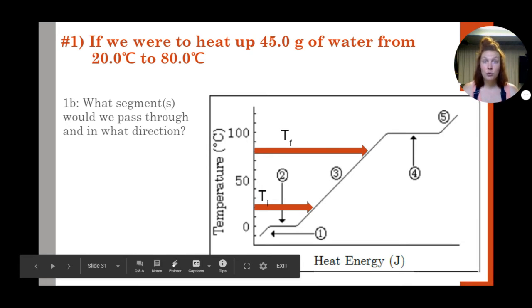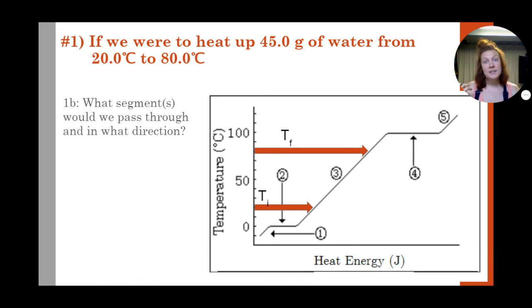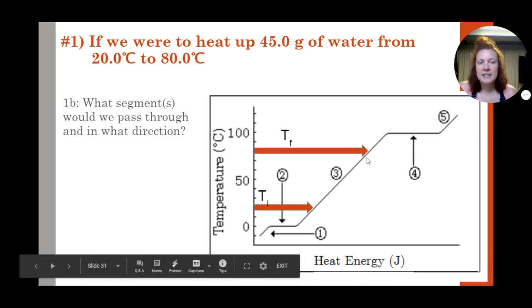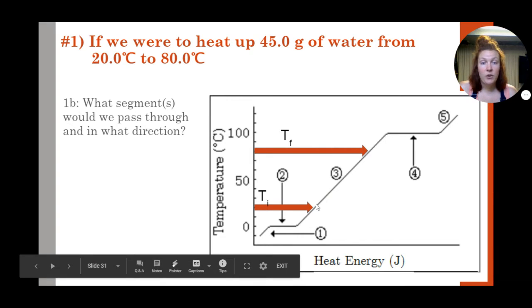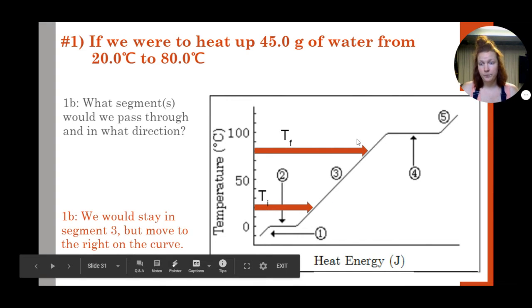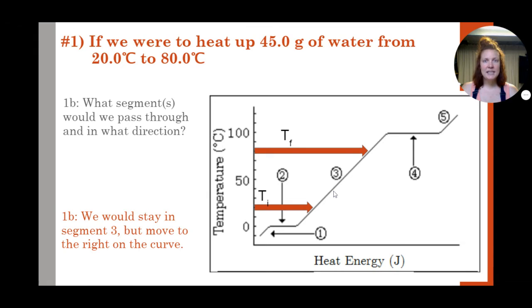However, I find it extremely helpful to physically draw something on a generic phase diagram or a heat curve so that I know exactly what segments I'm traveling through and what direction I'm traveling in. So this is my T initial, this is my T final. I'm only going through segment 3 and I'm moving from left to right.